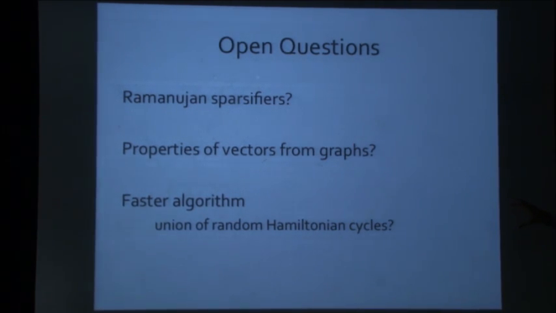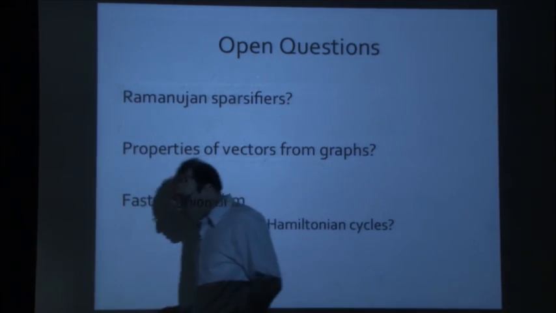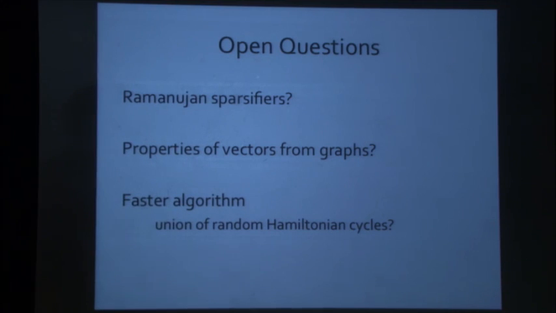And can we get faster algorithms? So I told you there are people using things like the fast multipole method and getting algorithms that are close to time order n squared for building these sparsifiers, but you'd like something even faster. For example, if you want to make a decent expander, as Daron was in here earlier, is proved, you can just take a union of random Hamiltonian cycles.